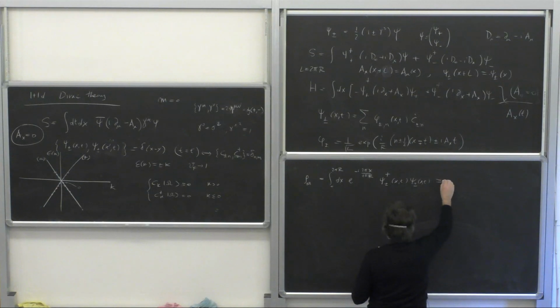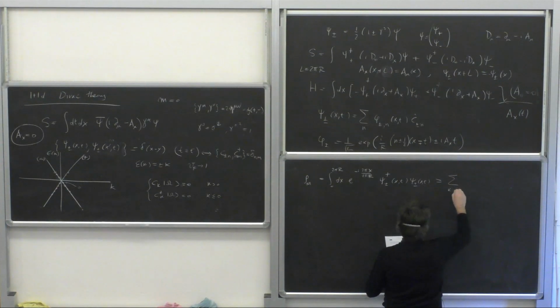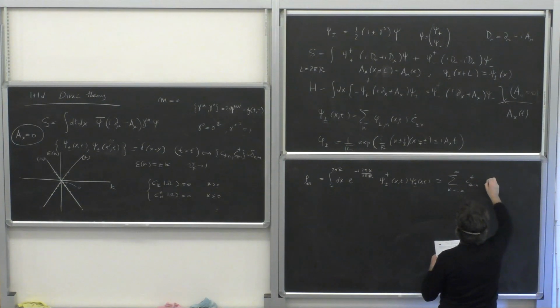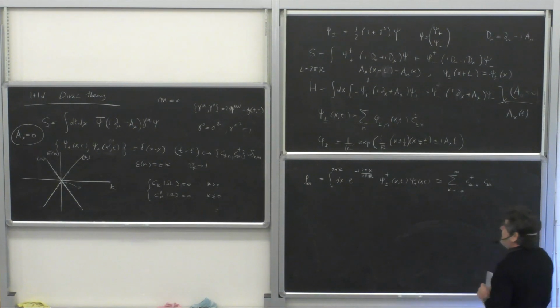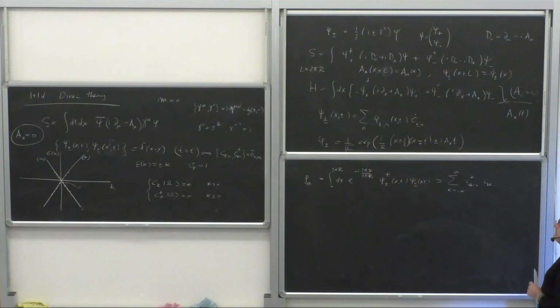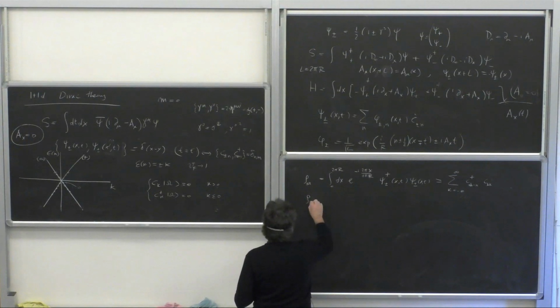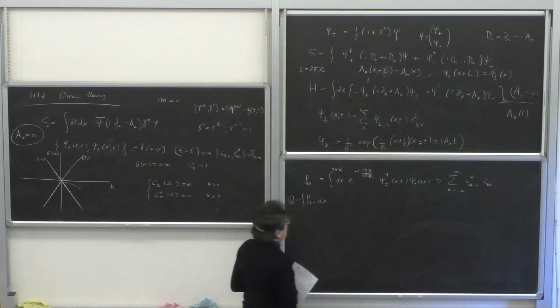If you insert this, you will get a sum over k, plus or minus. I get this infinite sum. In particular, rho naught is a density. The charge is the integral of rho naught.